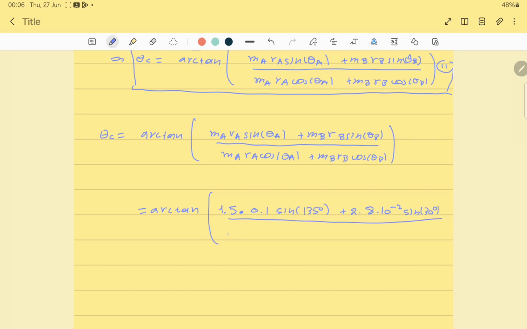And basically I have the cos in the denominator, so I have 1.5 times 0.1 cos 135 degrees plus 2 times 8 times 10 to the power of minus 2 cos of 30 degrees.